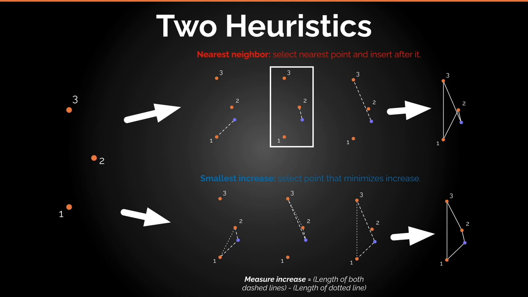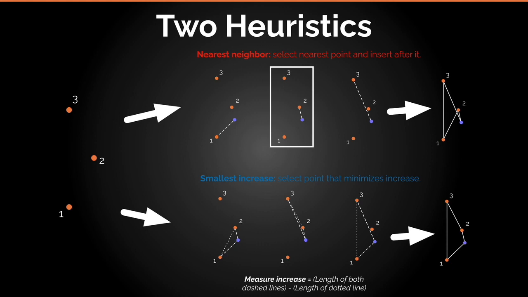So the way that we do that is we measure the distance, the path, if we didn't have that point. That's before the insertion. And then we measure the distance to that point. And we measure this minus this. So that gives us an idea of the increase when we add the point in between 2 and 1.